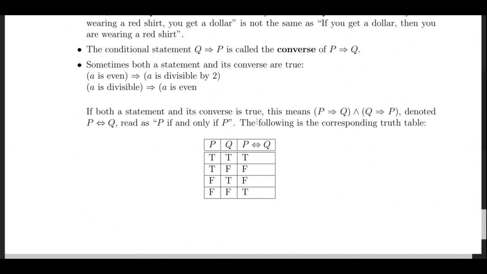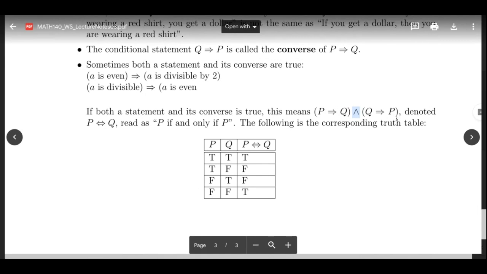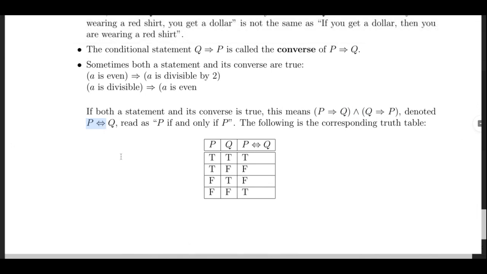If both the statement and its converse are true, this means P implies Q and, you see how we use and, Q implies P. So we use a shorthand notation. We use the two-sided arrow to represent that, and we use the words if and only if.